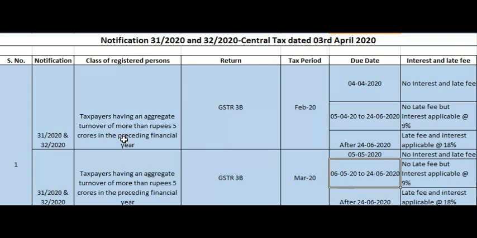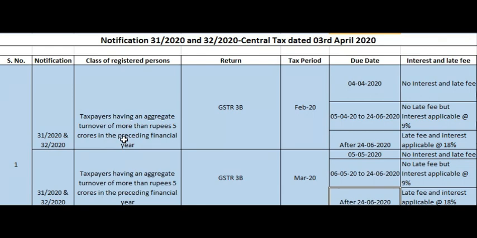Now coming to the GSTR 3B for the month of April 2020, if the GSTR 3B is filed on or before 4th of June 2020, then no interest and late fee shall be levied. If it is filed between 5th of June 2020 to the 24th of June 2020, then a late fee shall not be levied, but interest shall be applicable at the reduced rate of 9% per annum.